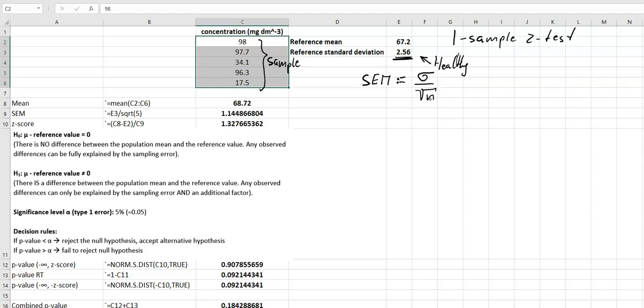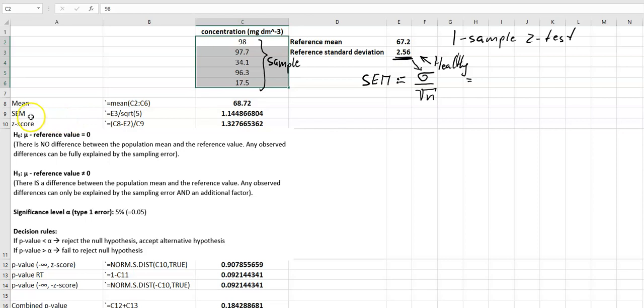If we don't have this standard deviation, we would have to estimate it from the standard deviation of our sample. But in this case, we have the standard deviation. That is this value here, 2.56. And we can actually put this into our equation here.